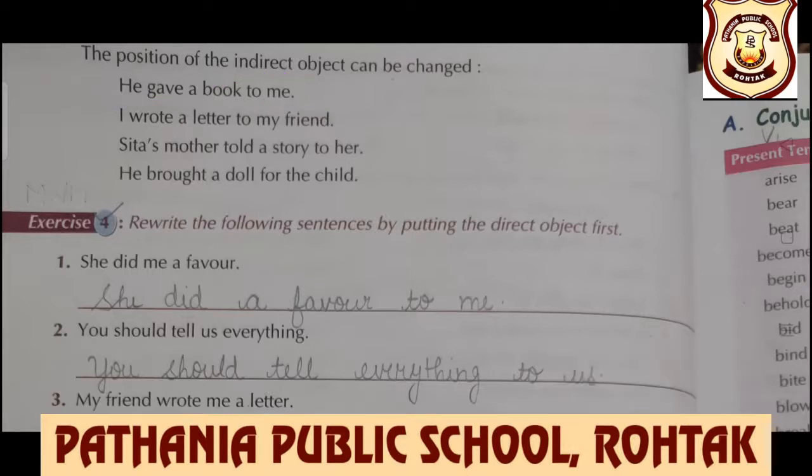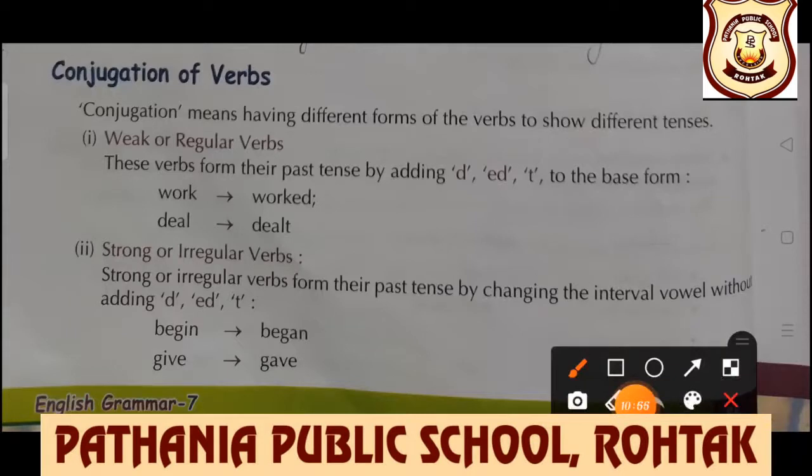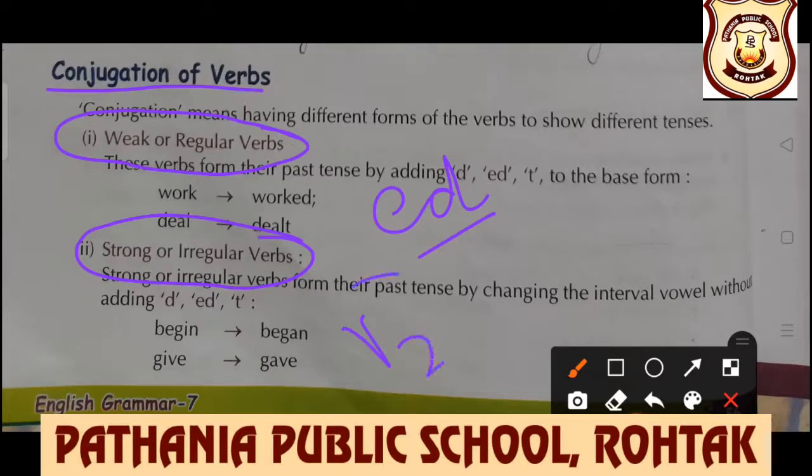Next is conjugation of verbs. First of all, children, always remember that there are two types of verbs. First is regular, another is irregular. Generally, we have been taught since our junior classes that by adding ed we can change the first form into the second form and third form of the verb.